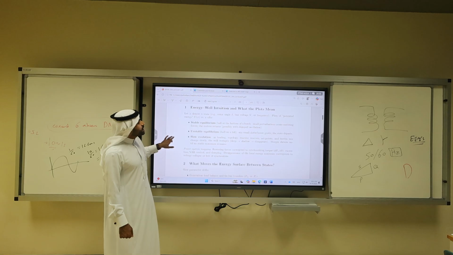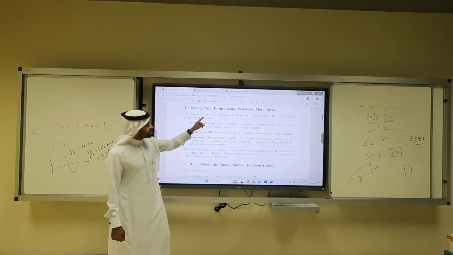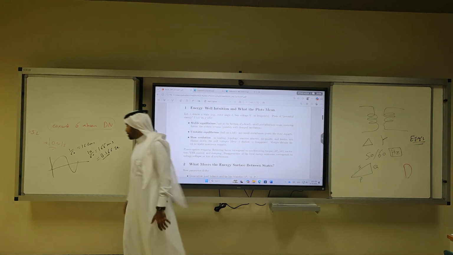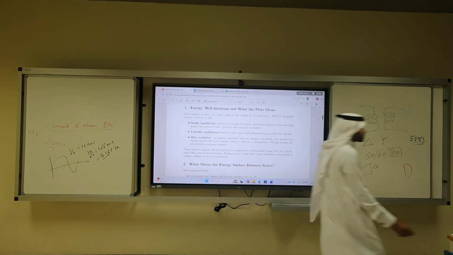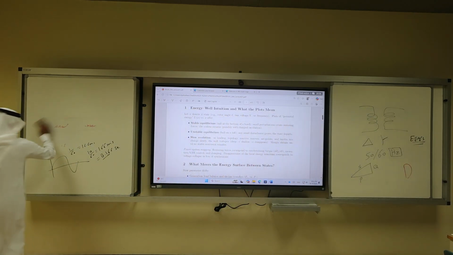So let's start with the energy well intuition. Let's say we have X as a state. Take, for example, X as a vector. Let me write it down as a vector.